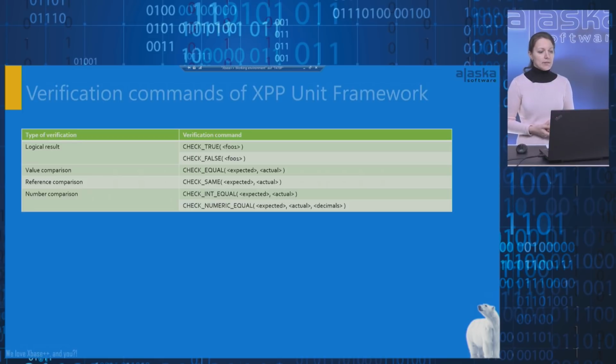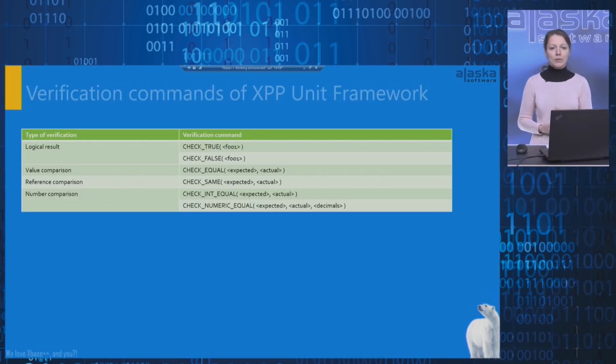So the next is value comparison and check equal. It checks that two objects or arrays are equal. Here the content of the objects or arrays is compared. The next one is reference comparison. And the verification command is check same. It checks that the two objects are equal, and here the references of the objects are compared.